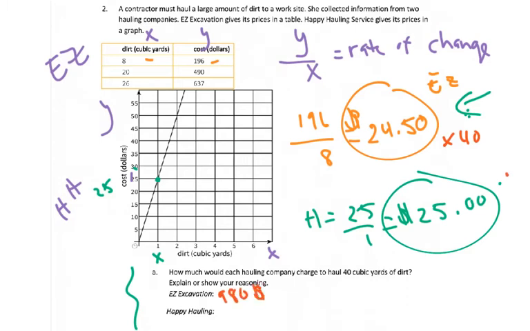And now I'm going to do 25 times 40. And I got 1,000. So I guess if they're equal companies, both do a good job, we're going to probably pick easy because they're a little bit less expensive.